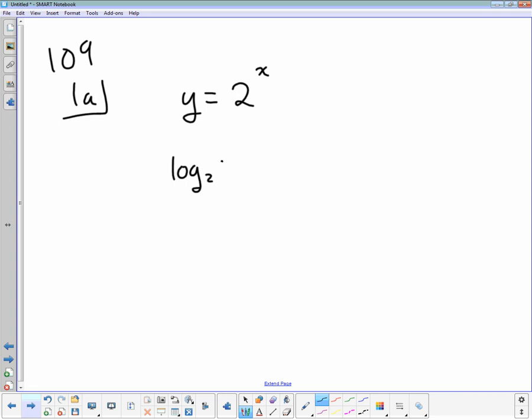log base 2 of y equals log base 2 of 2 to the x, which equals x log base 2 of 2.